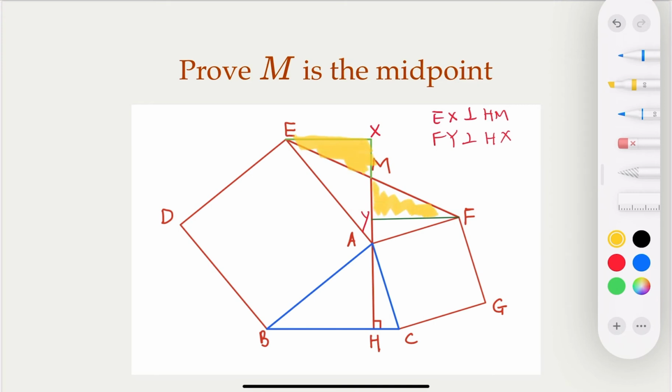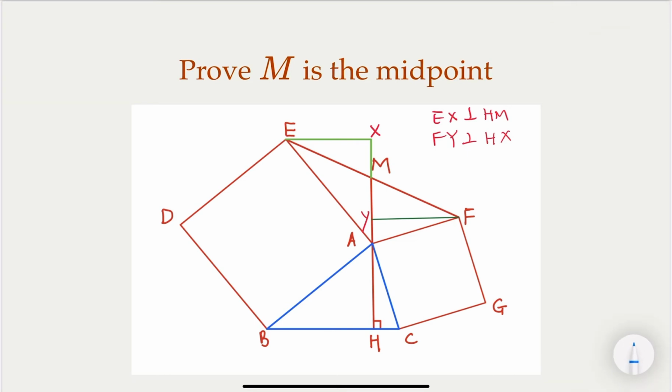Because those are right angles here, you just need to prove maybe one side equal to each other and this angle equal to each other. So let's erase that. How do we prove one side equal to the other? In other words, if we can prove EX equal to FY, then we're done.